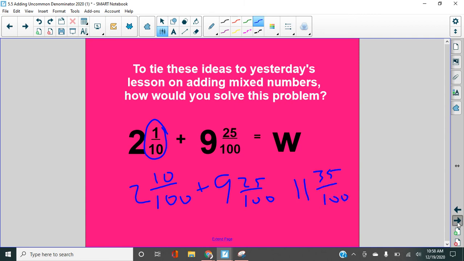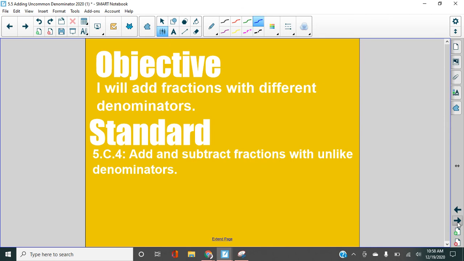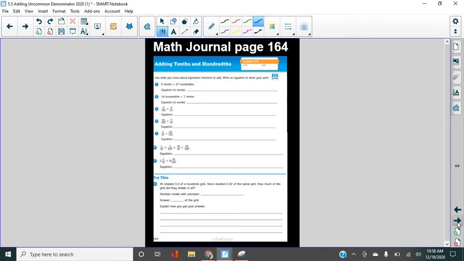All right, so that's the goal today, to be able to add fractions with different denominators. Now the denominators are different, and we have to fix it so that they are the same. Your math journal page here is page 164. This says try this. That means yes, you do the problem. It doesn't say try this if you want to, right?